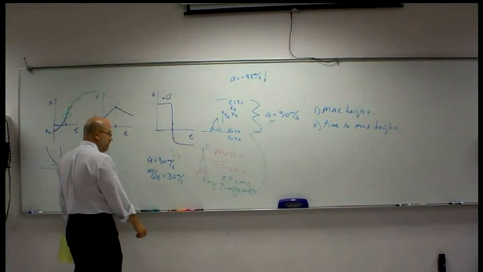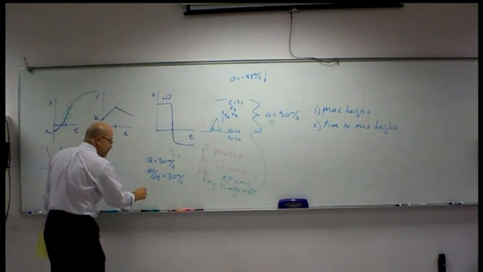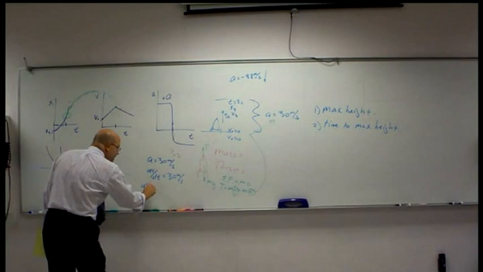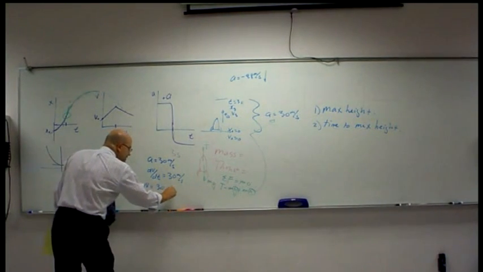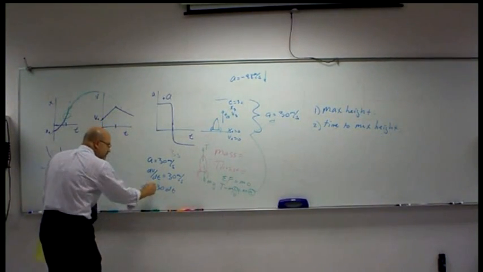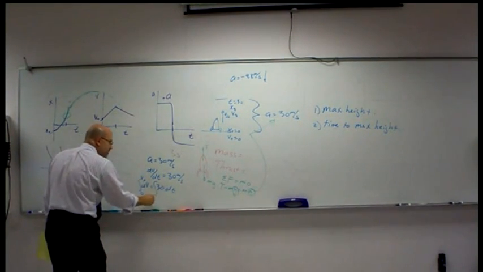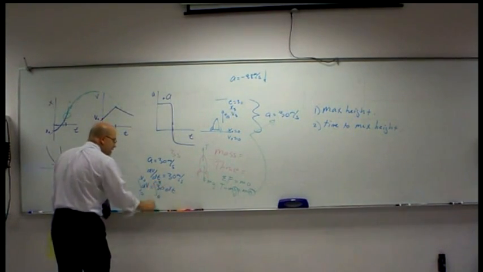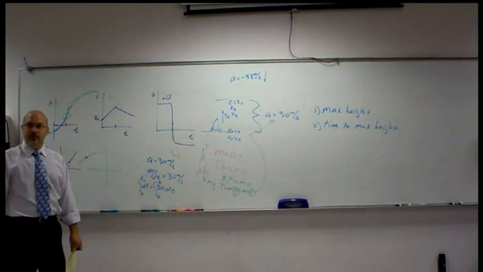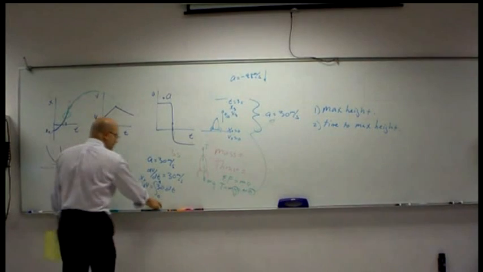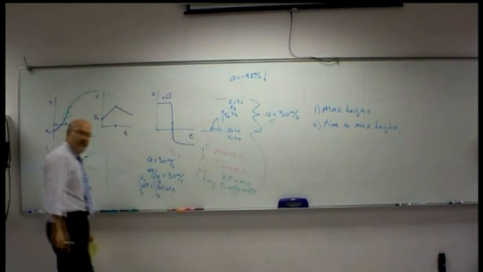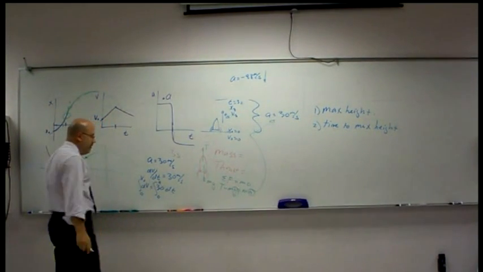All right, so separate variables. dv equals 30 dt. Integrate from 0 initial velocity to v, from 0 time to t. So you set up your differential equation, put in your variables.